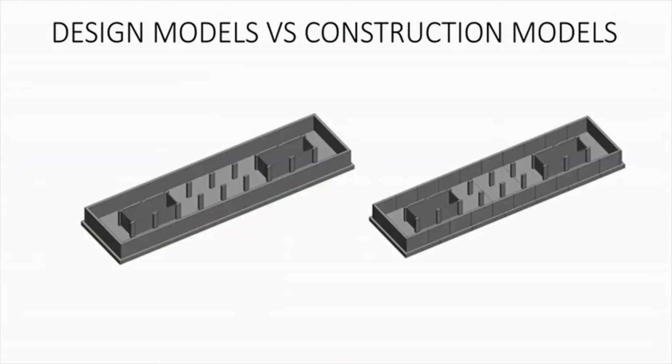So this is an example. What we have on the left-hand side is a typical design model, and what we have on the right-hand side is a construction model. If you look very carefully, you'll realize that the contractor model is broken down into components that would allow the design to be built.